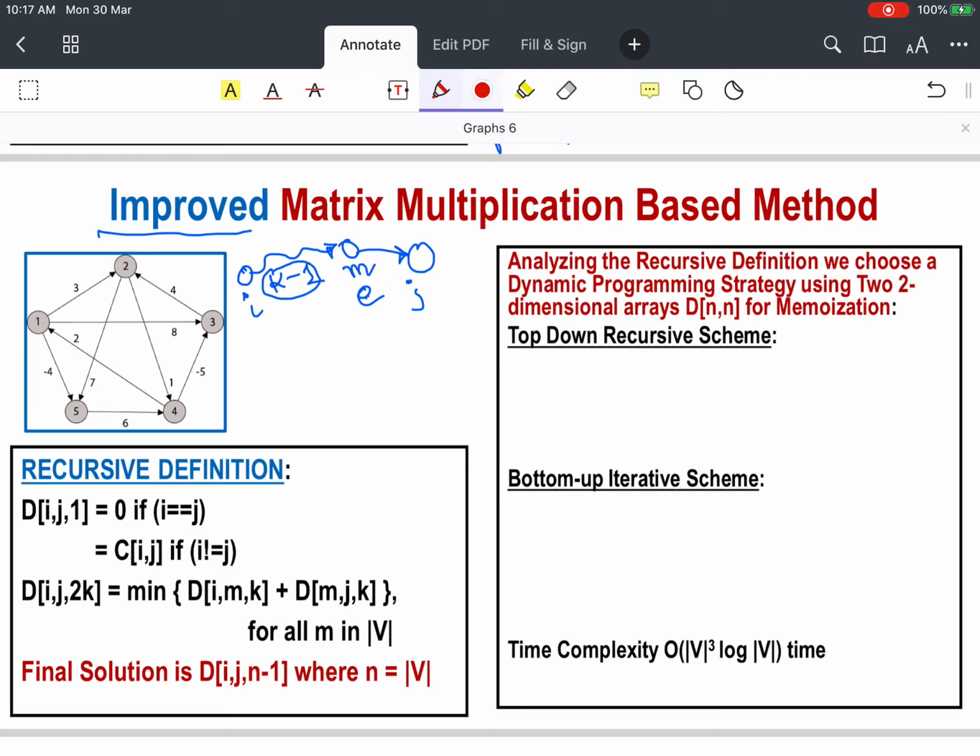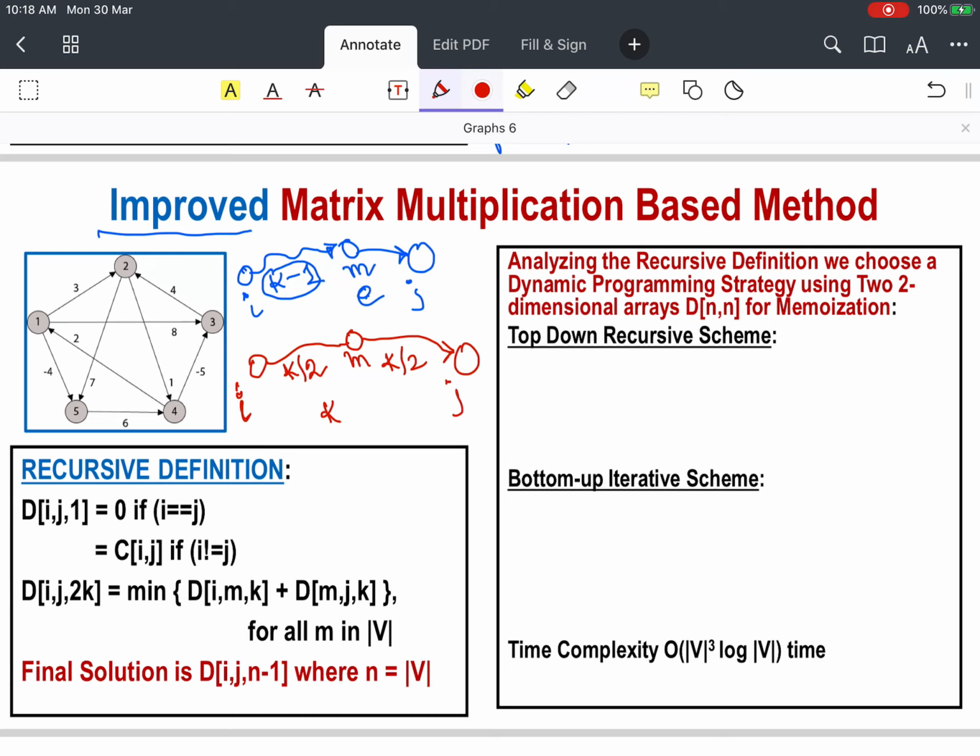Instead of doing it over 1, 2, 3, 4, we say that if there is a path of length k from i to j, then there will be a path of length k by 2 from i to m and a path of length k by 2 from m to j.